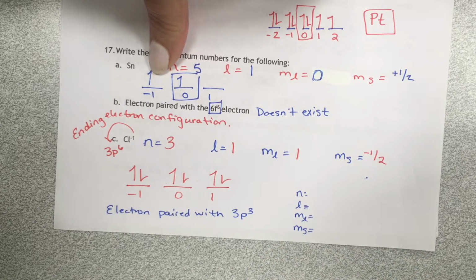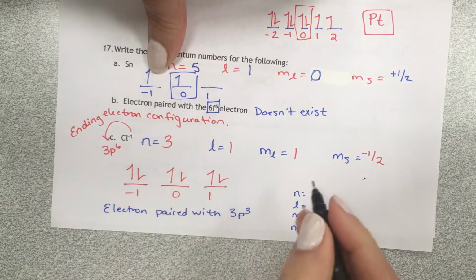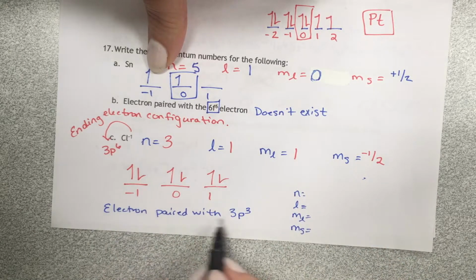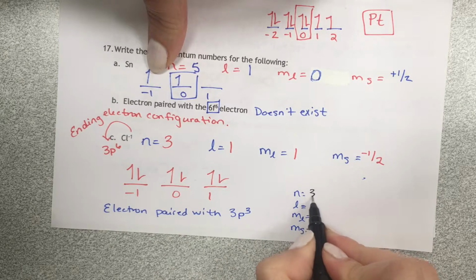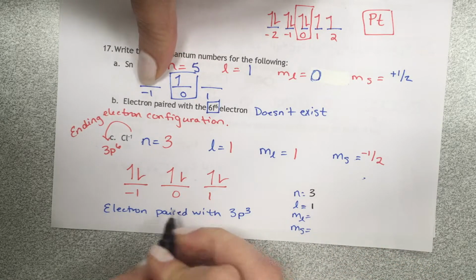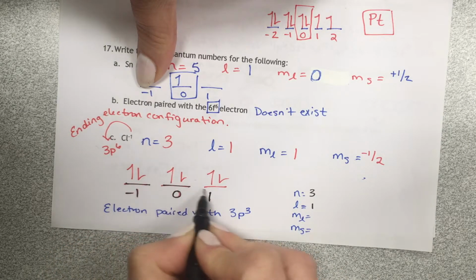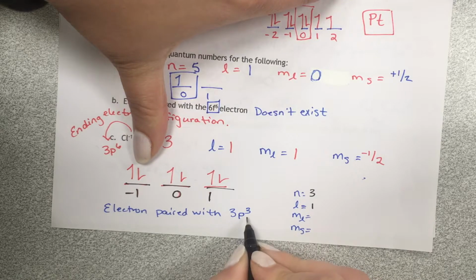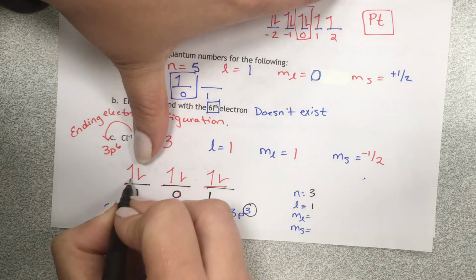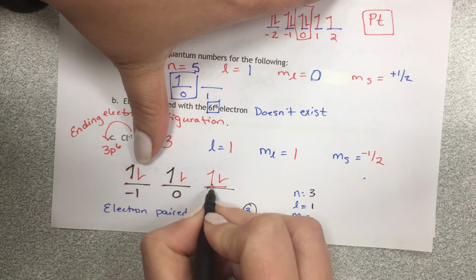Okay, so the electron paired with that, I'm going to draw it in black now instead of red, so hopefully you'll see it. So 3p, and then we do these together, so it's -1, 0, 1. Okay, and then we have 3 electrons, okay? 1, 2, 3.